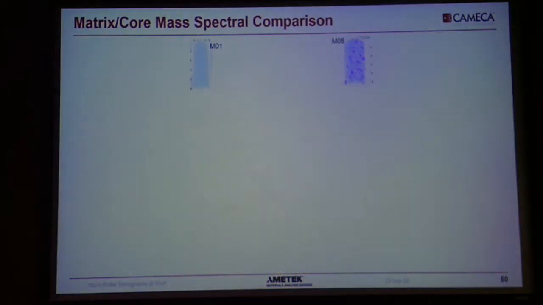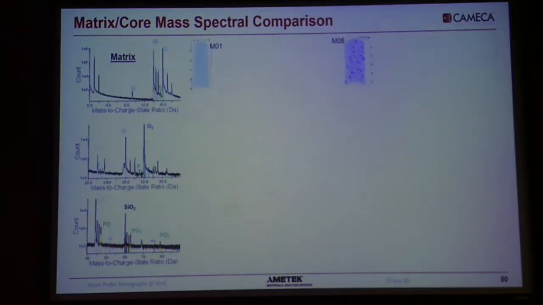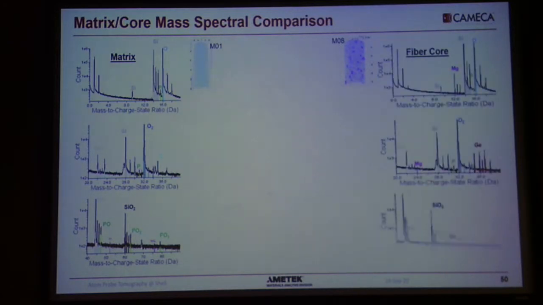So now, what can we get in terms of the mass spectra? If we look at the matrix, we do have the silicon, the oxygen, with the phosphorus here, and different phosphorus oxide peaks here. If we look at the fiber core, we definitely clearly have the magnesium here, germanium here.